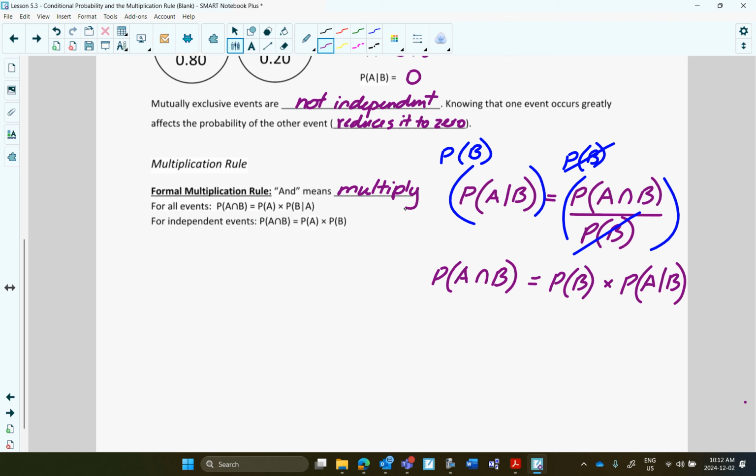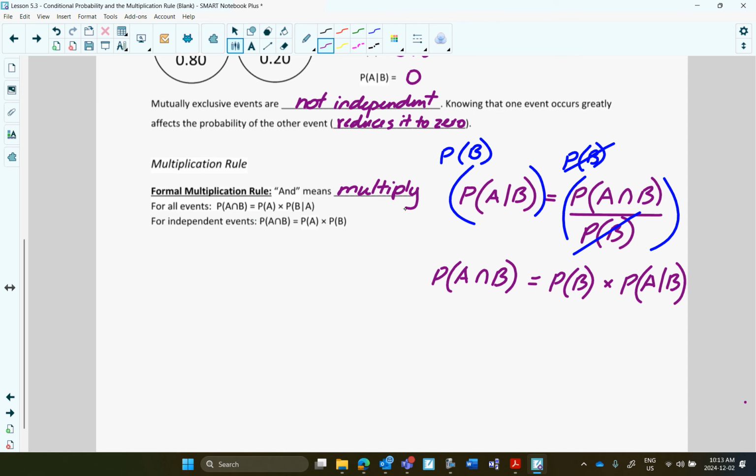So like if I said the probability of A is 0.8 and the probability of B is 0.2, and they are independent events, to find the probability of the first one and the second one, I just do 0.8 times 0.2.